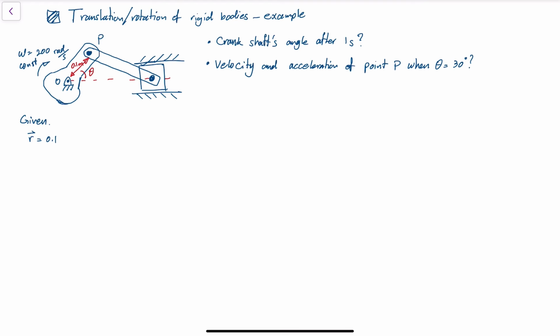So R is 0.1 cosine of 30 degrees I plus 0.1 sine 30 J in meters.